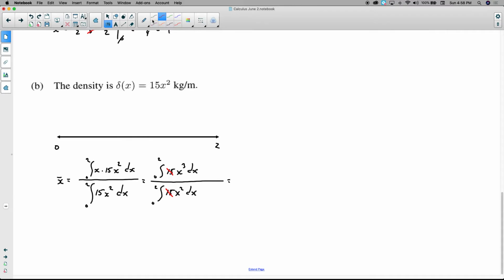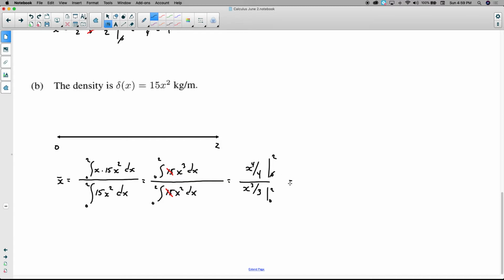Now I'm going to integrate this one, that's x to the 4th divided by 4. And then I'm going to integrate this one, and that's x cubed divided by 3. Both of those are evaluated from 0 to 2.